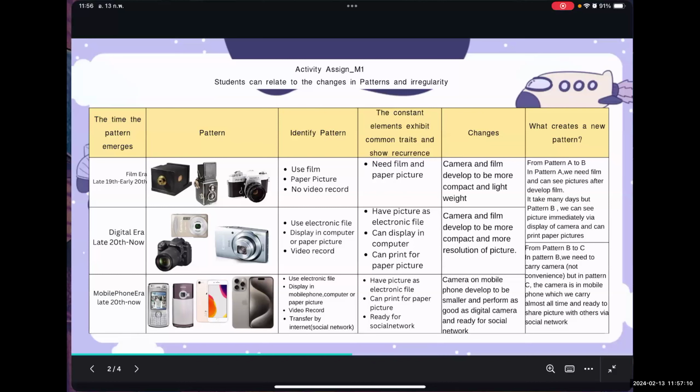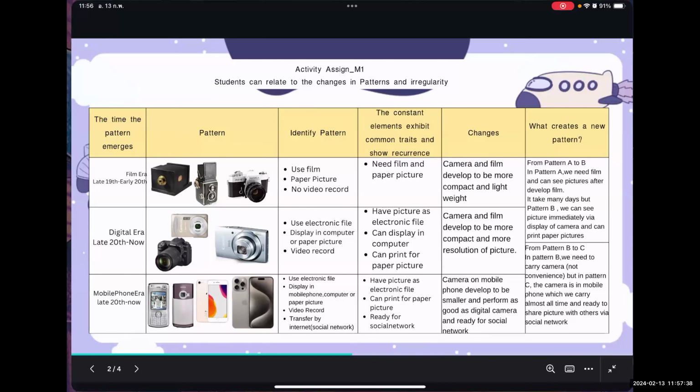This uses electronic files displayed on a computer or paper picture and can video record. And third era is the mobile phone era. It uses electronic files displayed on a mobile phone, computer or paper picture, video record and transfer by internet.